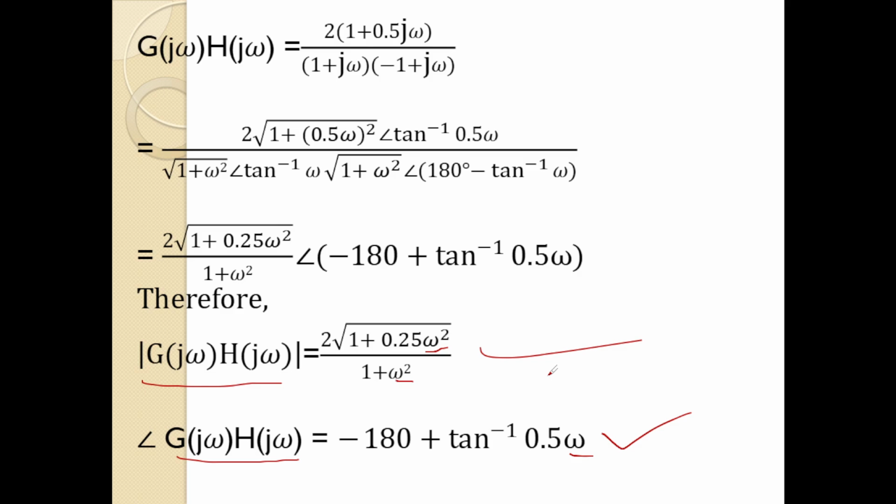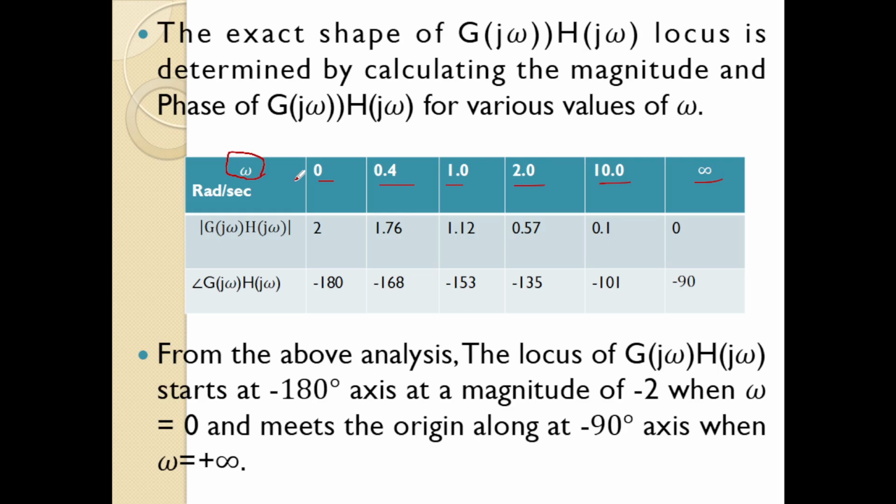Omega values are our wish, any value you can assume. Since omega is varying from 0 to infinity, I have made sure that 0 and infinity are included here. Remaining in between, any omega value you can assume. For each omega value you just substitute that omega value in the magnitude and angle formulae.